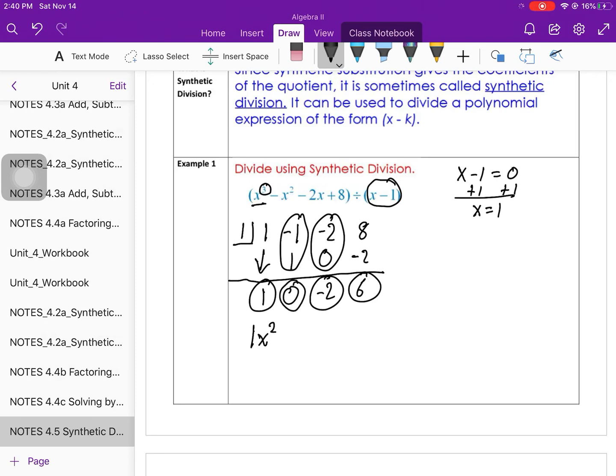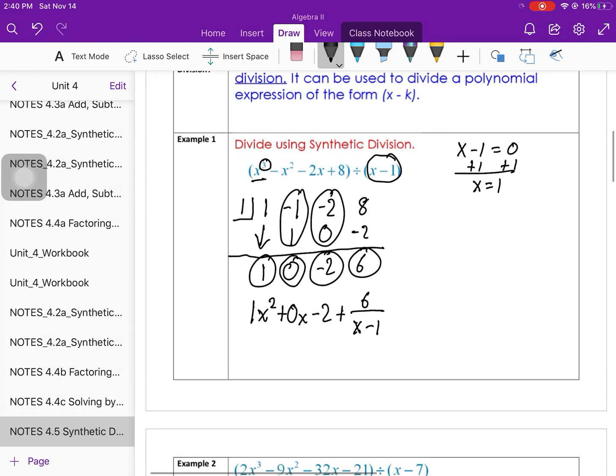This is the next term, so we would actually get plus 0x. -2 follows that, so it's not going to have an x value. And then the last term, the 6, is going to be plus 6 divided by x minus 1. So what we're doing here is we're dividing polynomials.